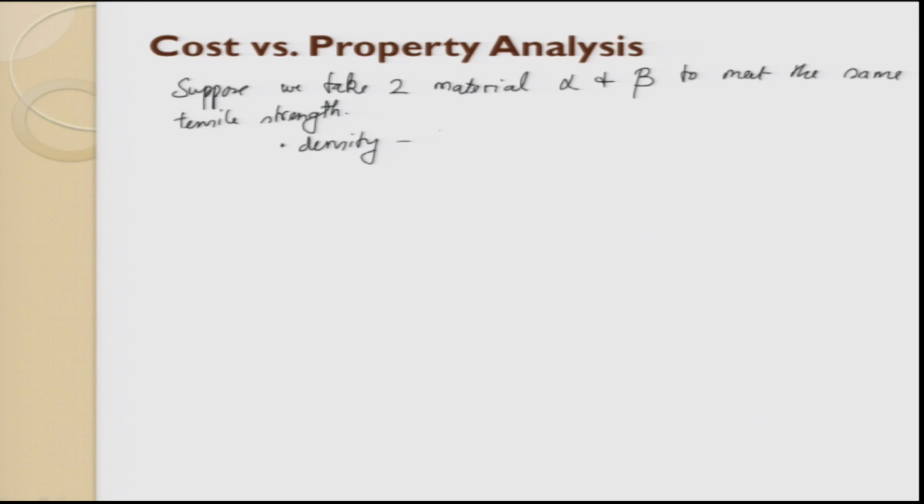Density will be rho alpha and rho beta. Since I want to find out the tensile strength, I need to know the cross section area. So the cross section area of the material will be A alpha and A beta.